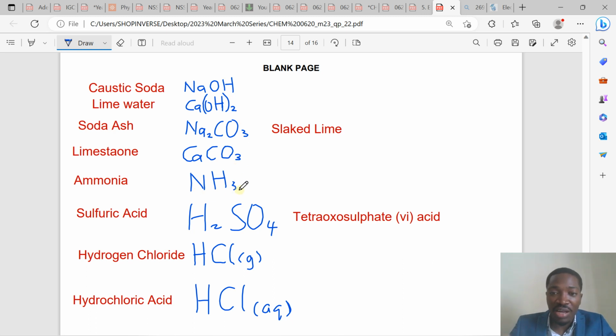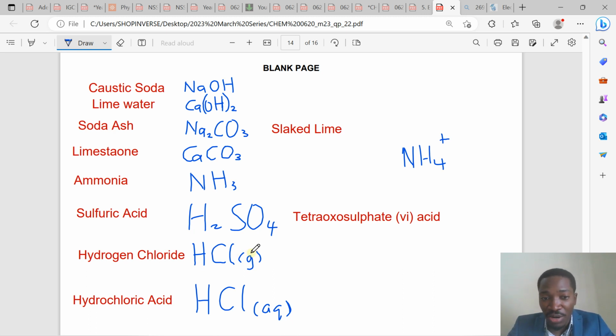NH3 is ammonia, and whenever you hear ammonium ion, it is NH4 with a charge of +1. This is ammonium ion, while NH3 is ammonia. Sulfuric acid is your H2SO4 and is also referred to as tetraoxosulfate 6 acid. HCl is hydrogen chloride. Hydrogen chloride is a gas.